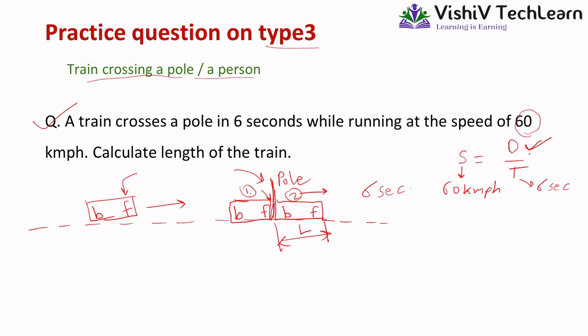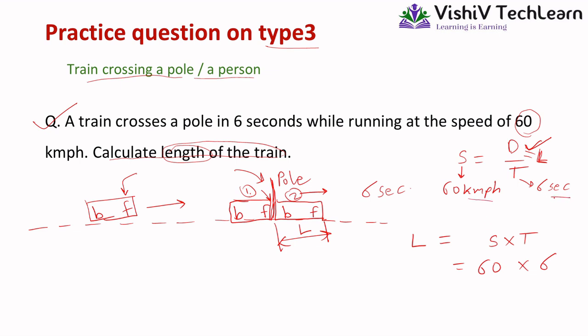So this D must be equal to L, and we have to calculate the length of the train. S is given, T is already given. In 6 seconds the train is covering a distance which is equal to L. So adjusting the terms in the equation, we get L is equal to S into T, and this S is 60, T is 6, but this S is in kilometer per hour and this is in seconds.